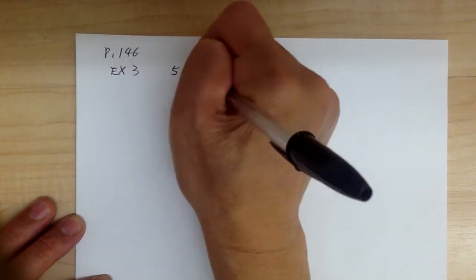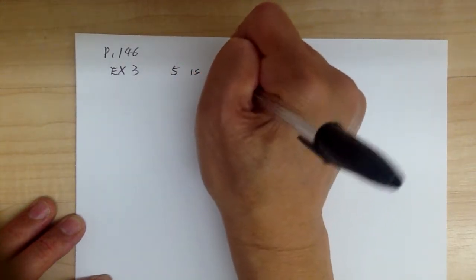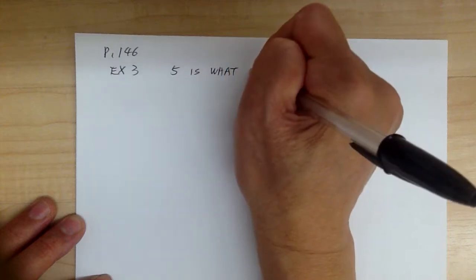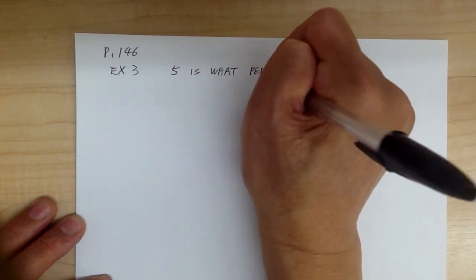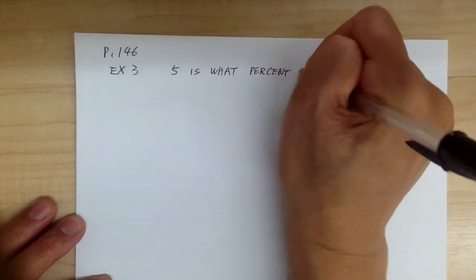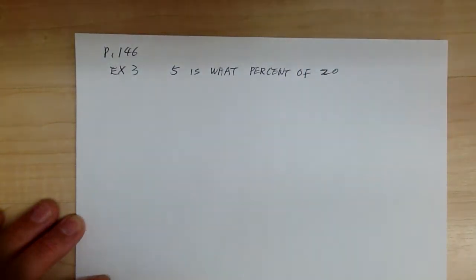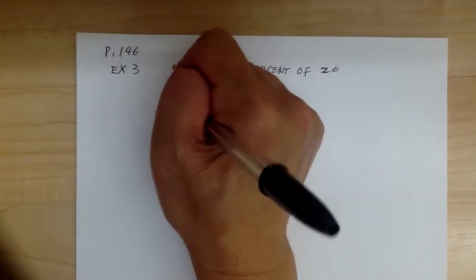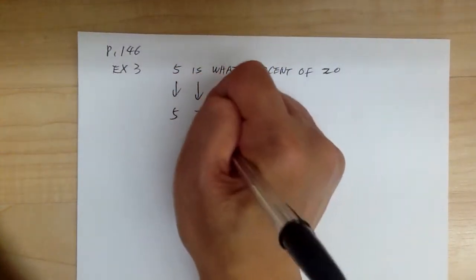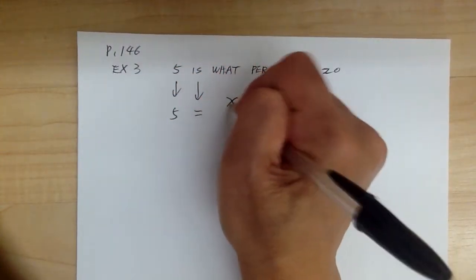So now again, 5 is what percent of 20? Again, remember what I said. Learn how to translate. So 5 means 5. Is means equal. What means x.